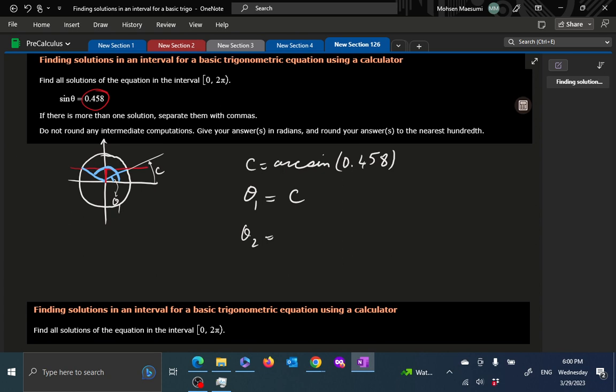The calculator is not going to give you direct access to this one. What do we do? Go here and then back up by c. So take pi minus c and you'll be done. So c by itself is a solution. The second solution is pi minus whatever this solution was.